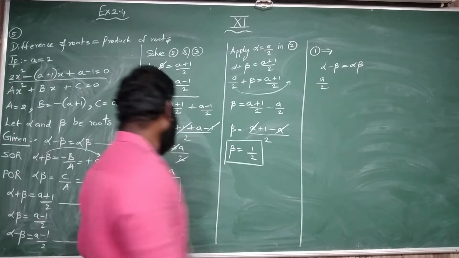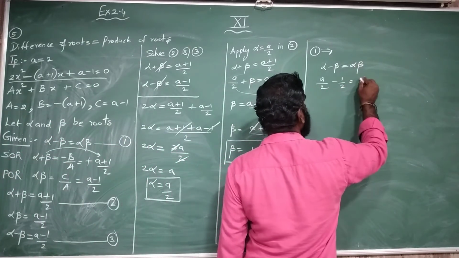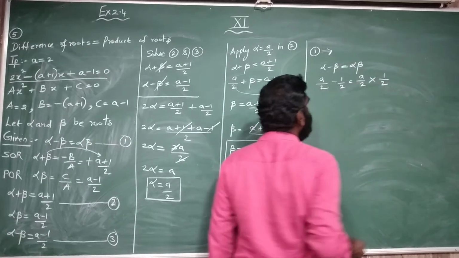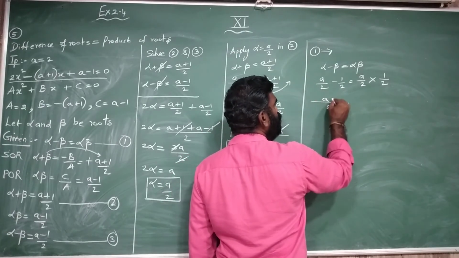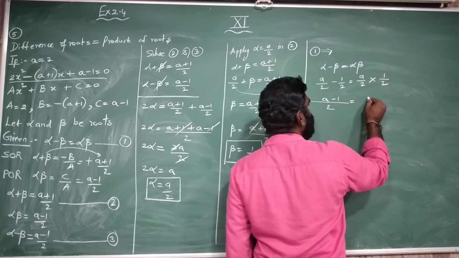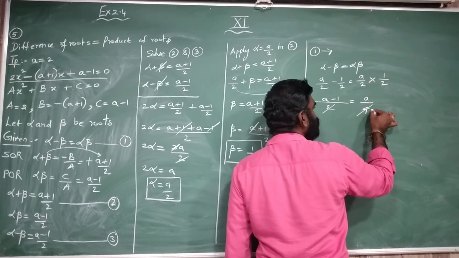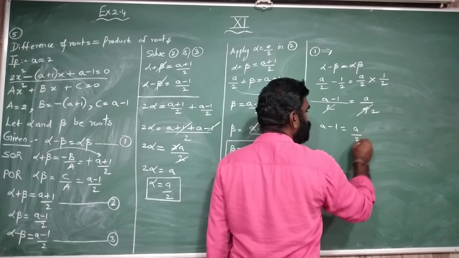What is beta here? 1 by 2. I need to multiply alpha, a by 2, into beta, 1 by 2. Since the denominator is common, I can put 2 alone. (a − 1) is equal to a into 1, which is a. 2 twos are 4. This 2 and this 4 get cancelled 2 times. (a − 1) is equal to a by 2.